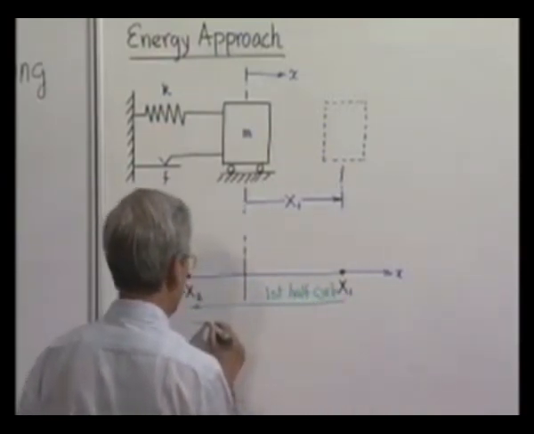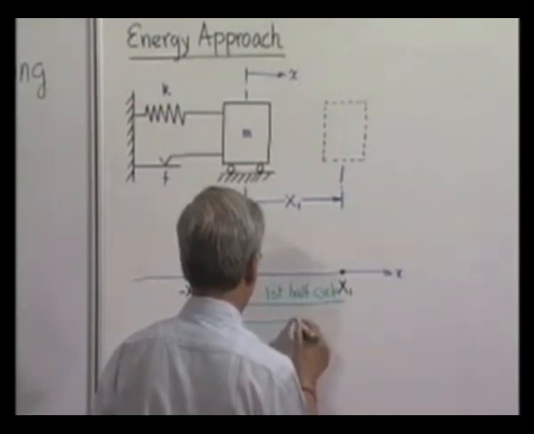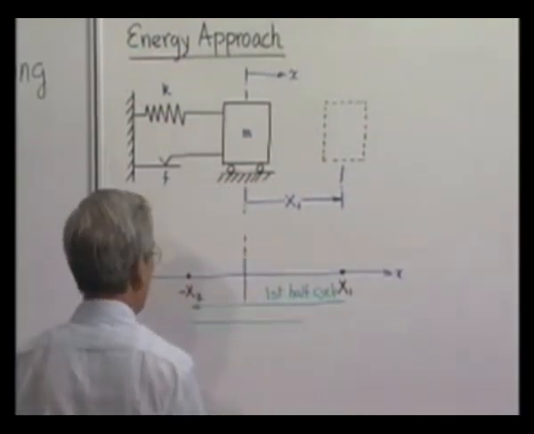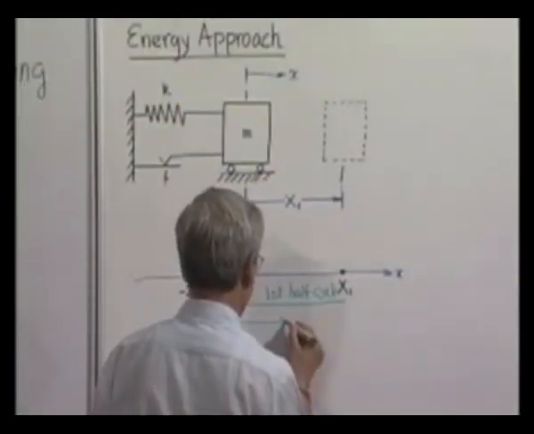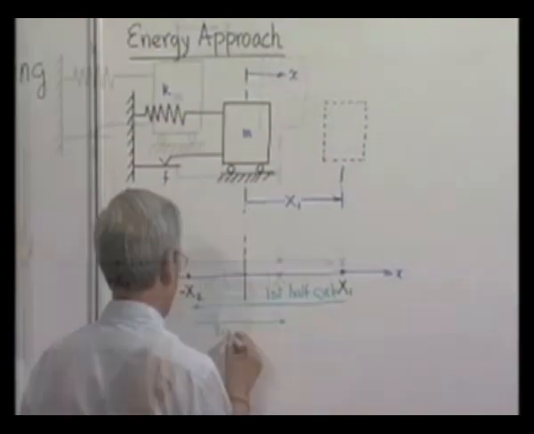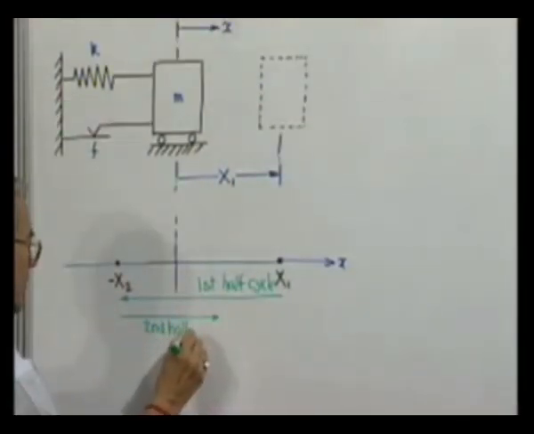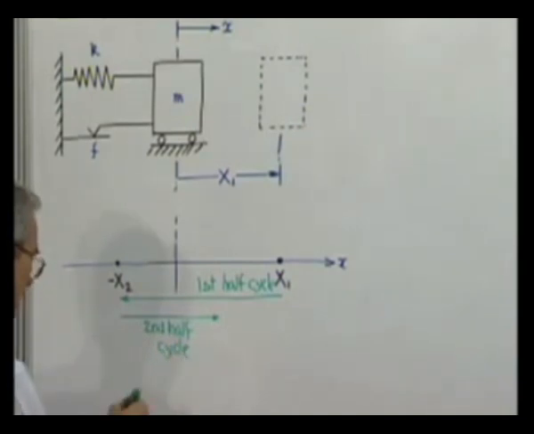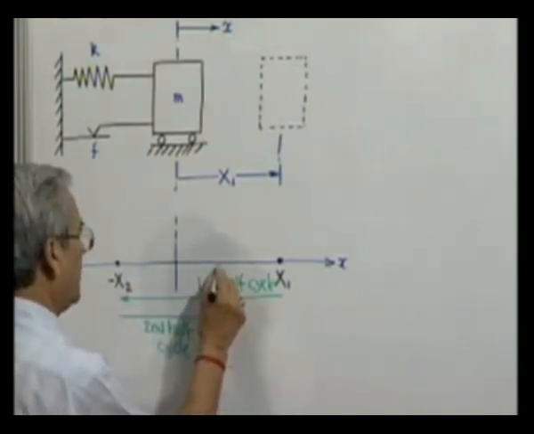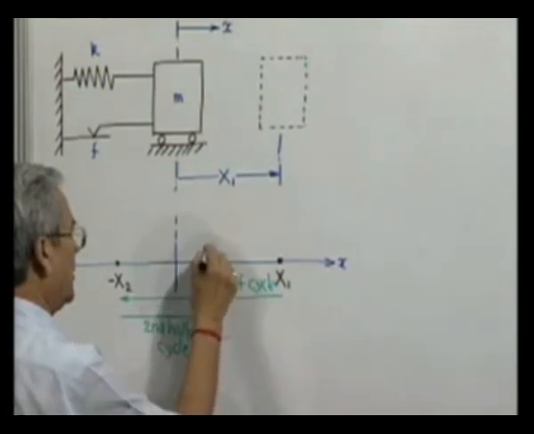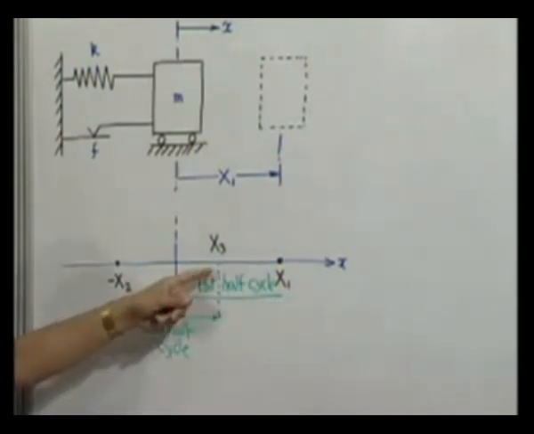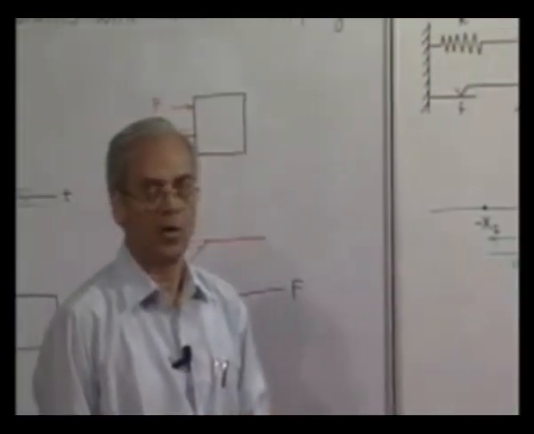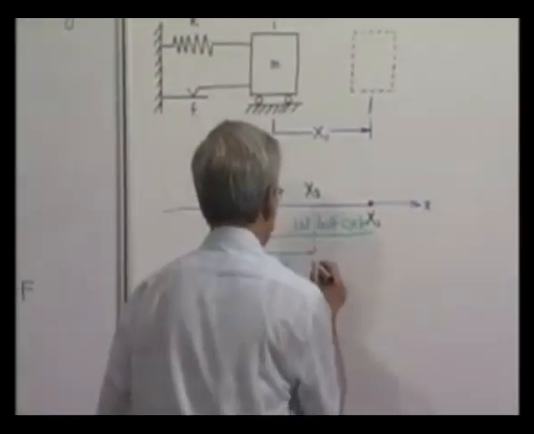In the second half cycle, it goes from here to here. And let this value be x3. So like that, in one cycle, it comes from here to here and then to here. So let us find out the drop in magnitude per cycle.